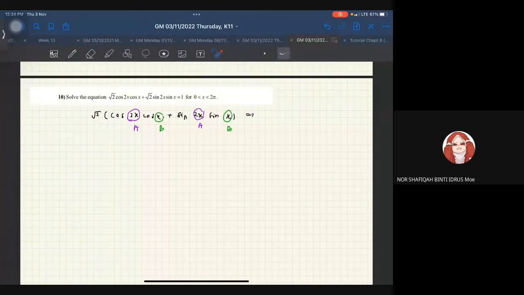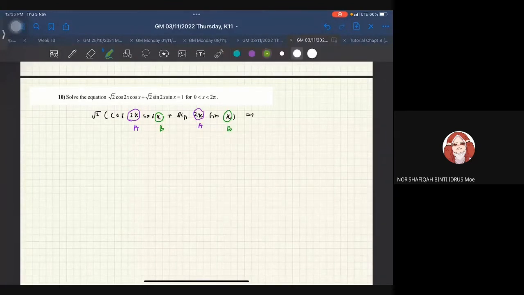Okay, so apa lagi awak perasan dekat soalan ni? What else do you notice in this question? Cepat guys, come on. Apa lagi awak perasan selain daripada angle dia? Hello?